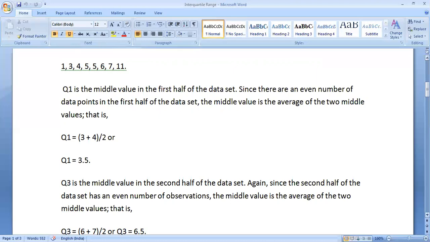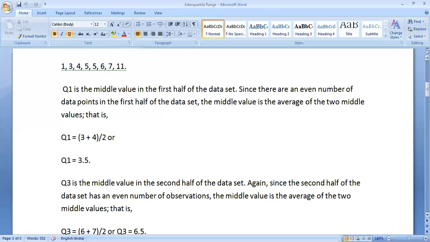After partitioning the array into two parts across the median, the first quartile is the median of the first partition, and the third quartile is the median of the second partition. The median of the first partition, as the number is even, would be 3 plus 4 divided by 2, since in 1 3 4 5 the two middle elements are 3 and 4.